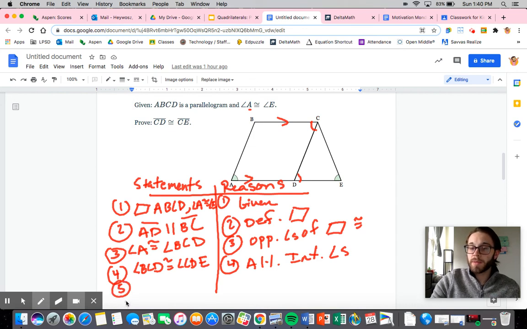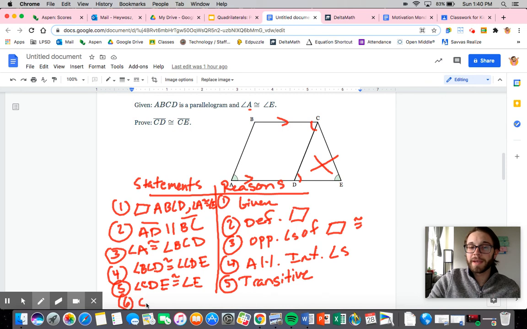Now I am going to be explicit, and I am going to say that by the transitive property, we know that this angle is congruent to angle E. Now I have that two angles are congruent, so that would make the two sides also congruent.